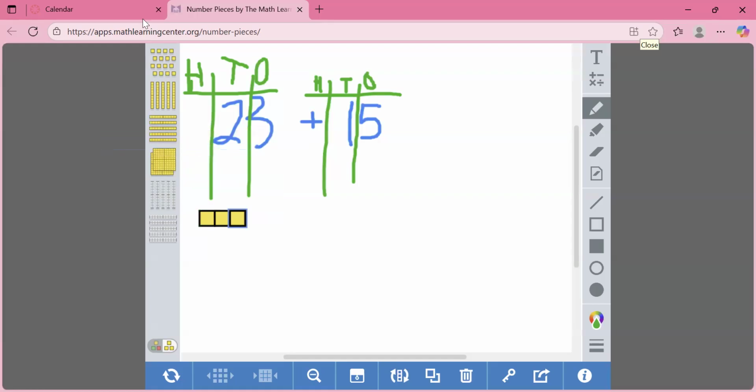Which ones though? The single ones, the 10 rods, or the hundreds frames? Oh, sorry, the 10 rods. Okay, perfect. How many did you say? 2. You're correct. So we're going to add 2 of these.